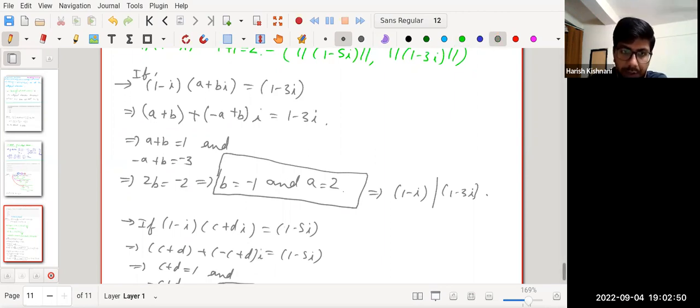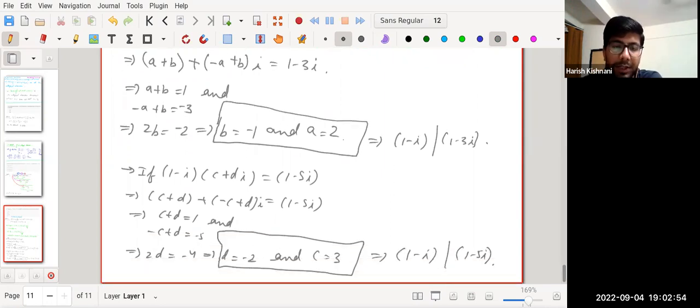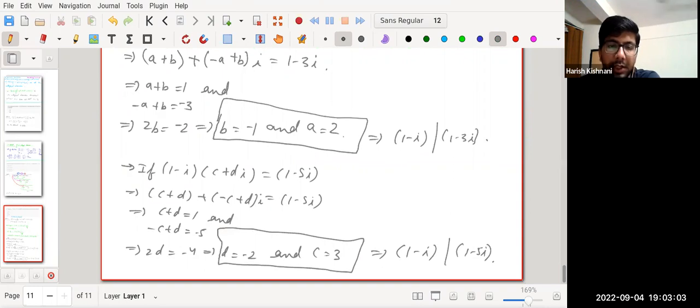To compare the coefficients, you will get c plus d to be 1 and minus c plus d to be minus 5. So solving for c and d, you will get 2d to be minus 4, that is d is minus 2. And putting it back into the equation c plus d equal to 1, you will have c equal to 3. Thus 1 minus i divides 1 minus 5i.